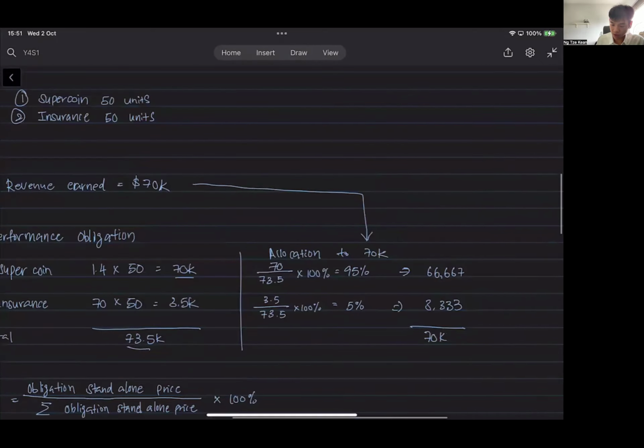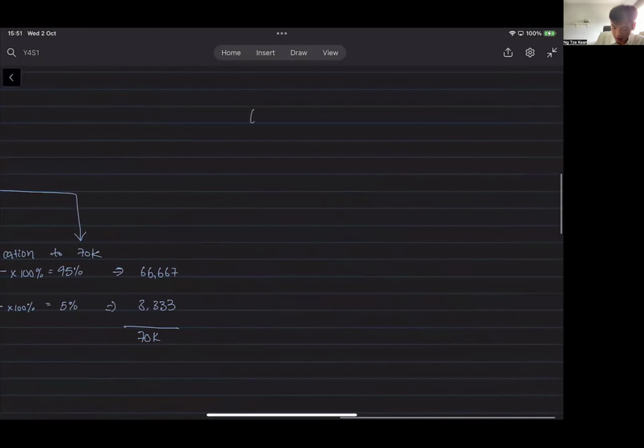So maybe I will do it here. Okay. So for the 31st of July, we have the revenue from Supercoin. And then for the 1st of August, we have the revenue from insurance service.